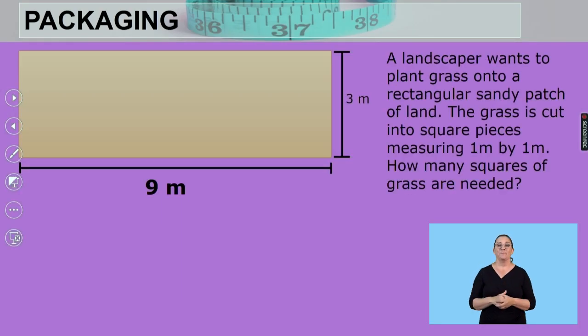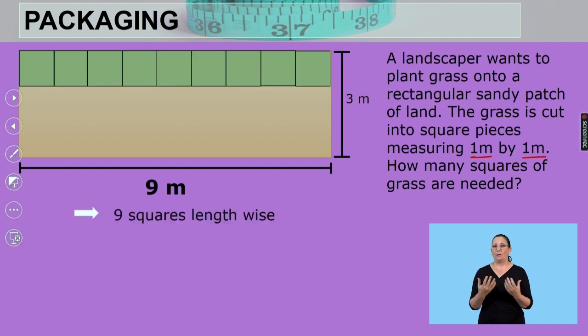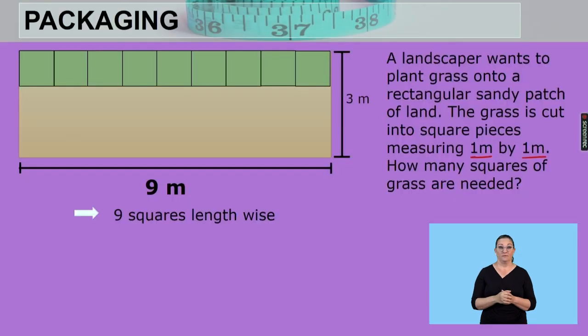All right. So a landscaper wants to plant grass onto a rectangular sandy patch of land. The grass is cut into square pieces measuring 1 meter by 1 meter. How many squares of grass are needed? All right. So if I look at this, I can fit 9 squares lengthwise. If you think back from the previous questions, we said we took 9 divided by 1.